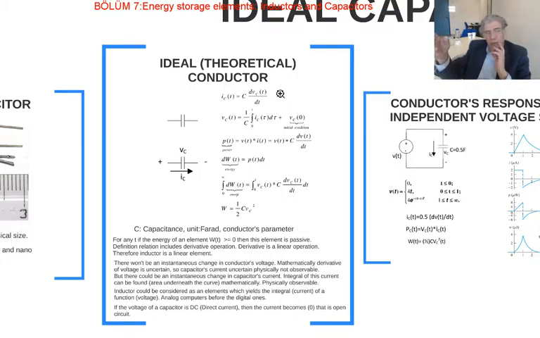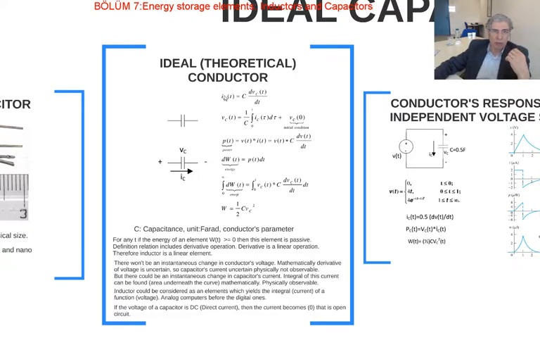The only difference between the inductor and capacitor is that in the inductor we took the derivative of the inductor current. Here we are taking the voltage derivative. We take the derivative of the voltage of a capacitor to get the current of the capacitor.